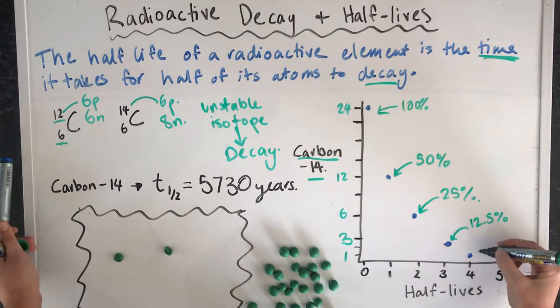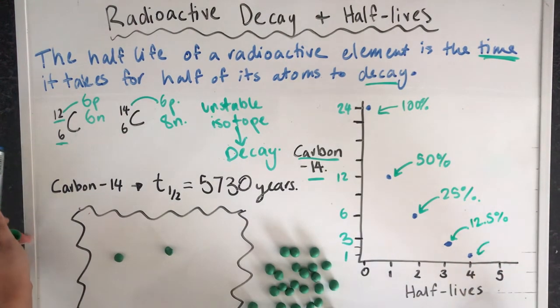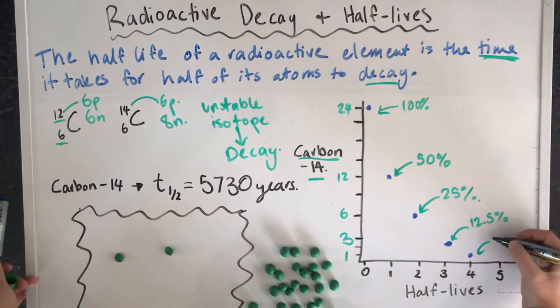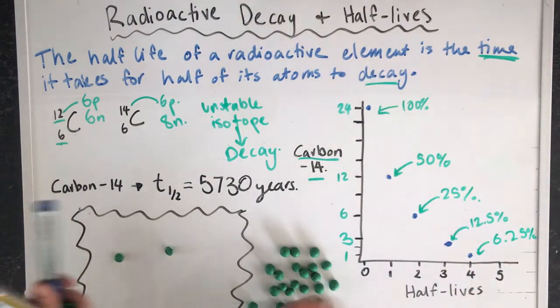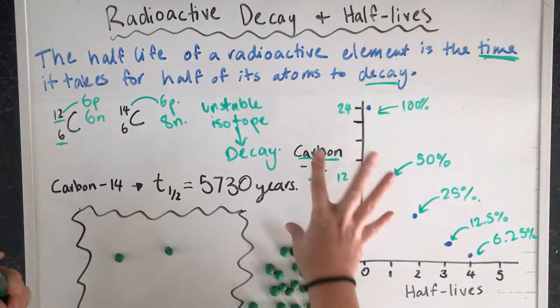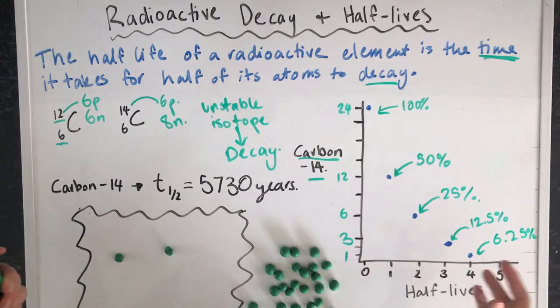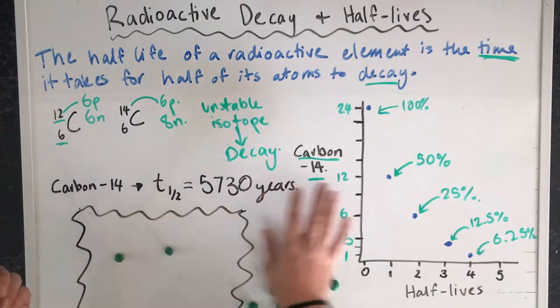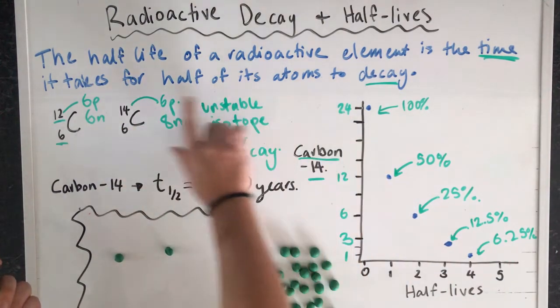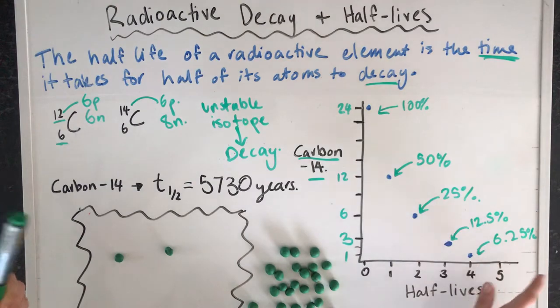Half of 12.5%, testing my maths here, it's 6.25%. These percentages you'll see consistently among all different types of radioactive elements. It's this pattern that you see. It's the half-life. Remember, the half-life is the time it takes for half of its atoms to decay.